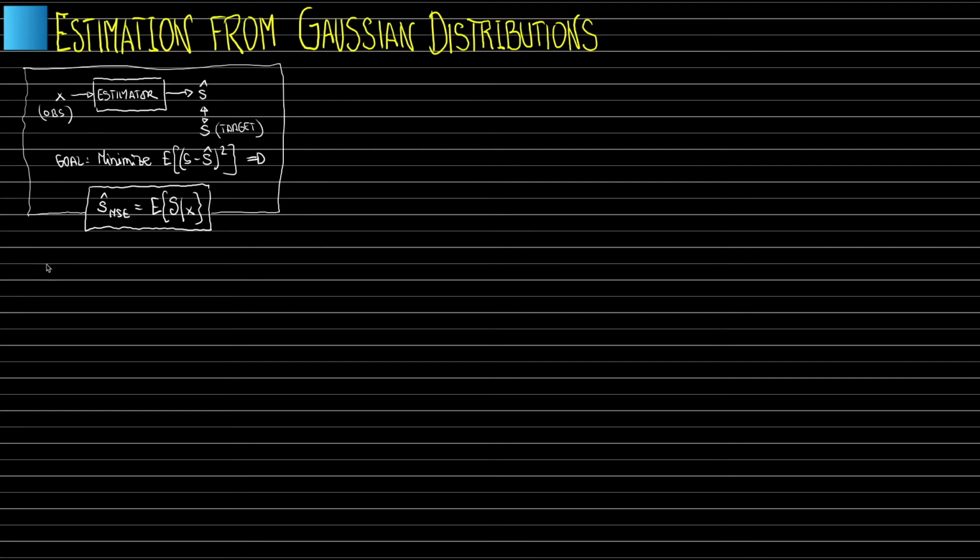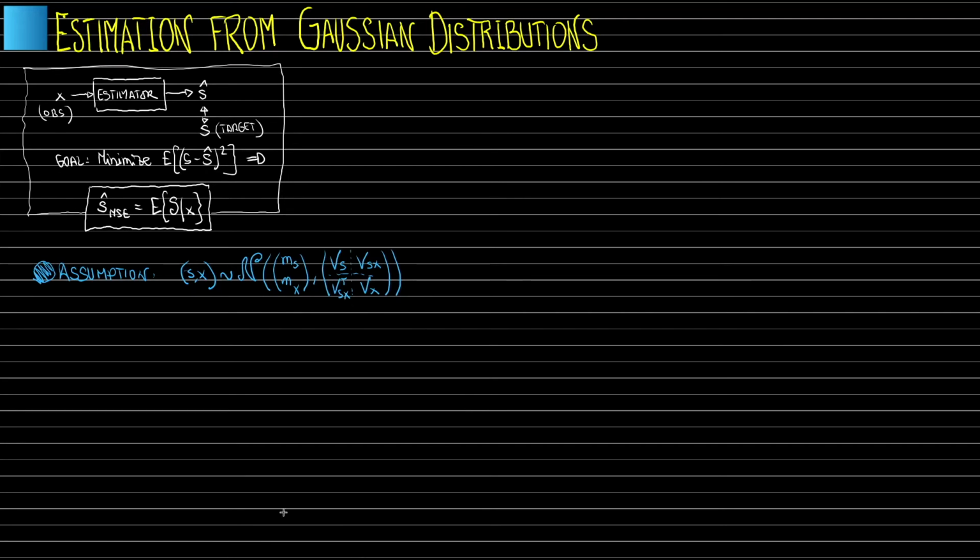So our basic assumption is that s and x are two random variables with a joint distribution which is Gaussian, with a mean that is a vector composed by ms and mx, and some variance which can be defined by blocks as the composition of the variance of s, the covariance of s and x, and the variance of x. Okay.